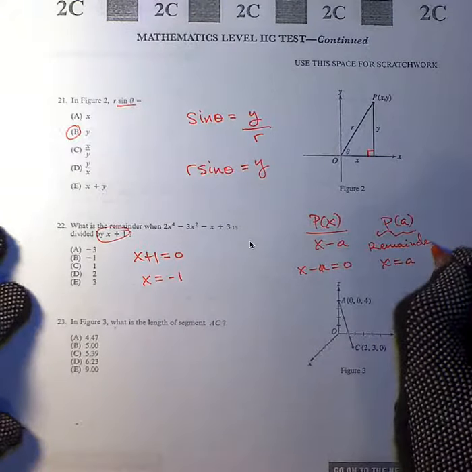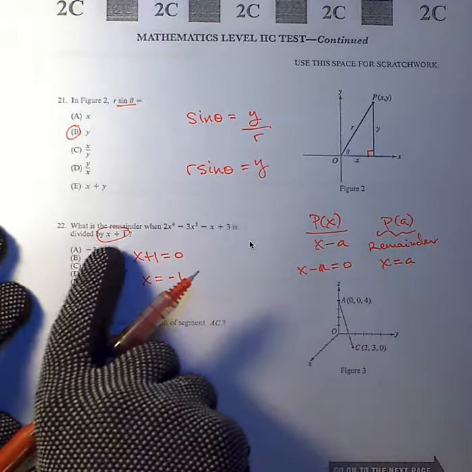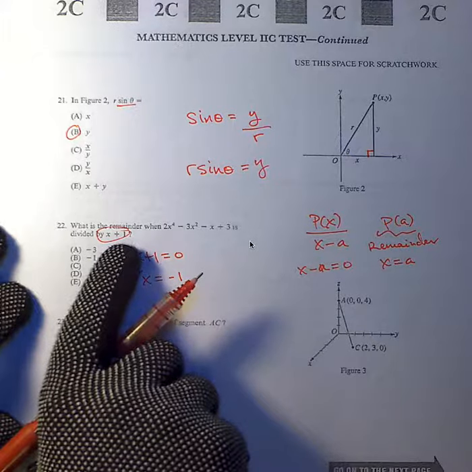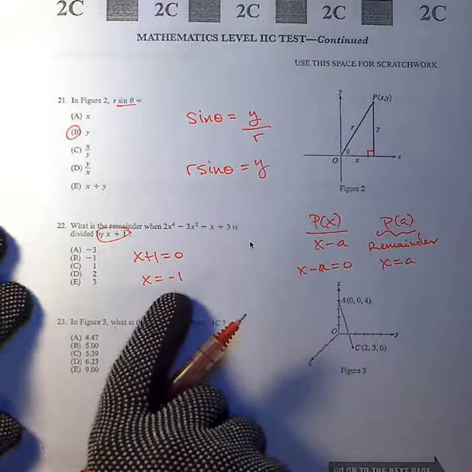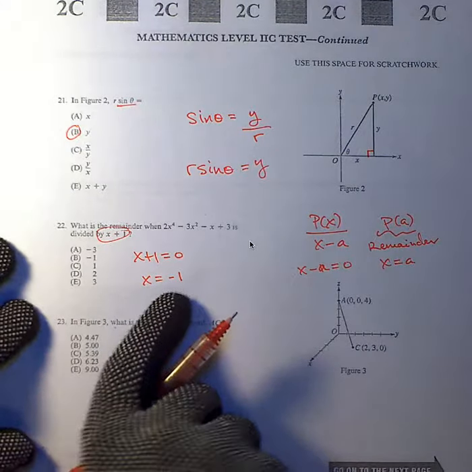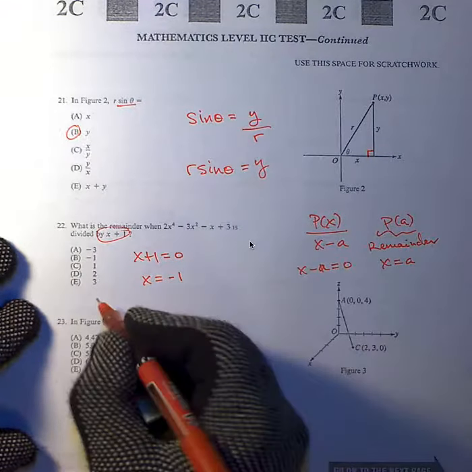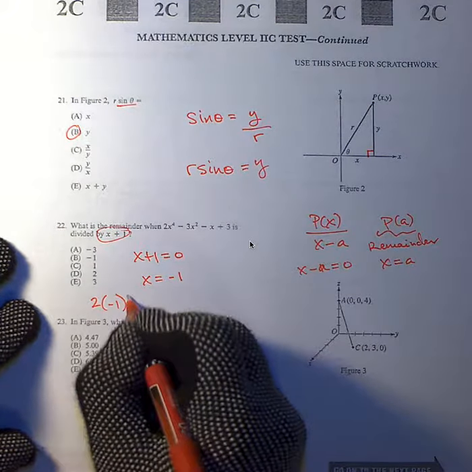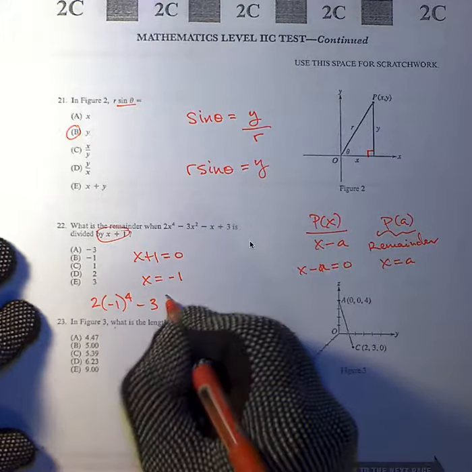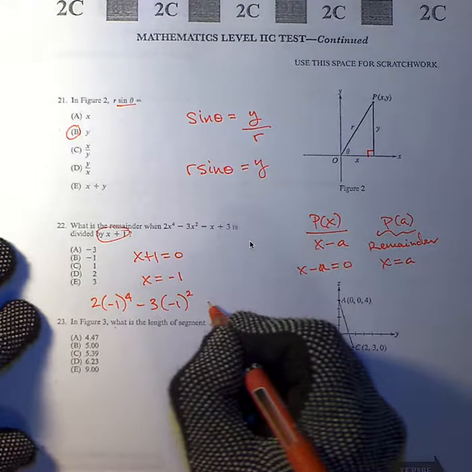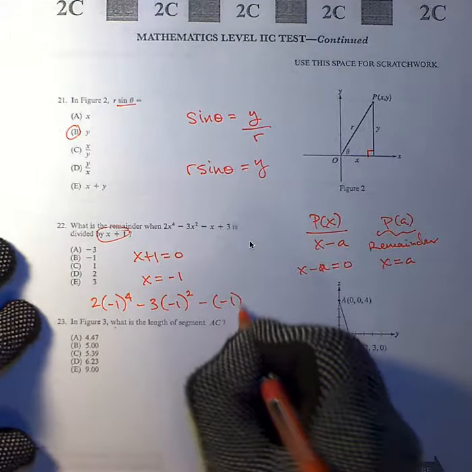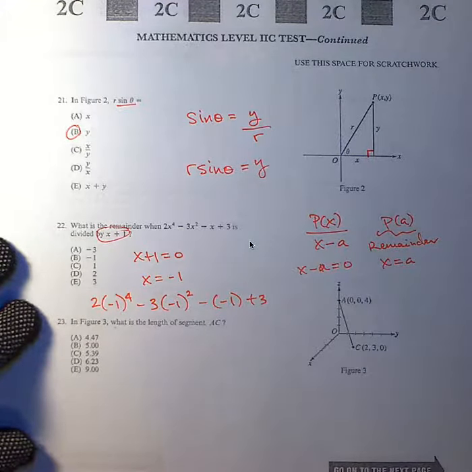Okay, cool. So we set x plus 1, which is x minus a with a negative 1, equal to 0 to get x equals negative 1. And then we plug it in, so it'd be 2 times negative 1 to the 4th, minus 3 times negative 1, minus a negative 1, plus 3. This is called the remainder theorem. So what is that going to say?